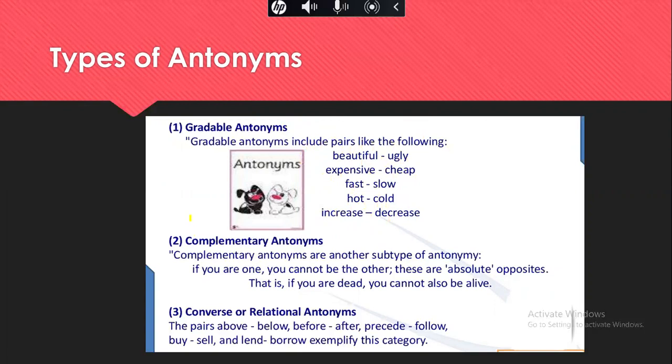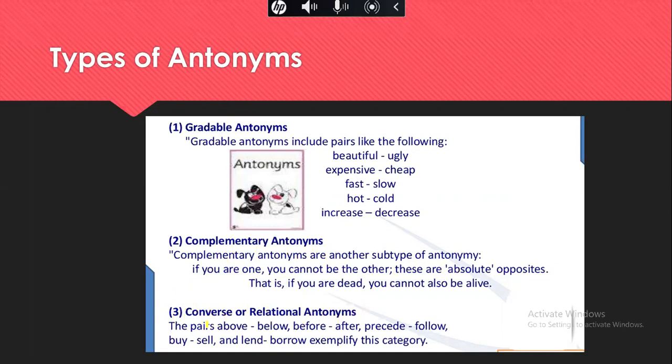Then come the complementary antonyms. Complementary antonyms are another subtype of antonymy. Like if you are one, you cannot be the other. These are absolute opposites. For example, if you are dead, you cannot be alive. So when there is an absolutely opposite difference, then those antonyms are called complementary antonyms. And then come the converse or relational antonyms.